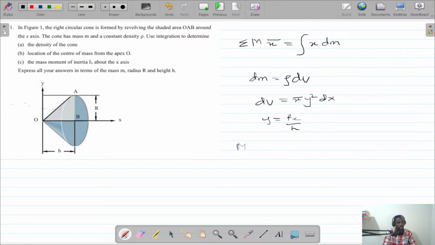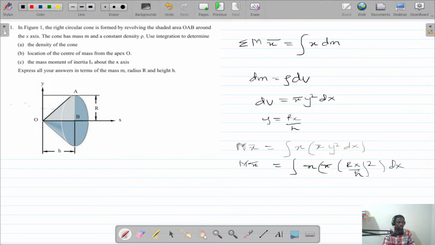So the total mass multiplying the x bar should be equal to the integral of x multiplying pi y squared dx, and we know that m x bar should be equal to the integral of x multiplying pi into brackets rx on h all squared dx.